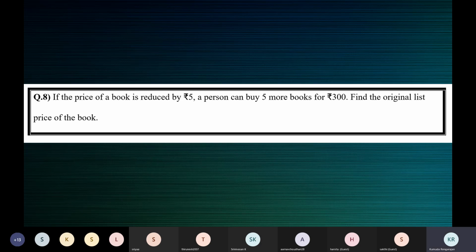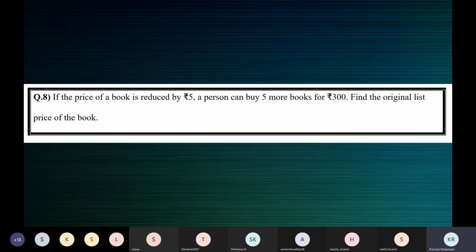So we have two different cases. The money is fixed here, 300, like the distance is fixed in the case of speed, distance, and time.